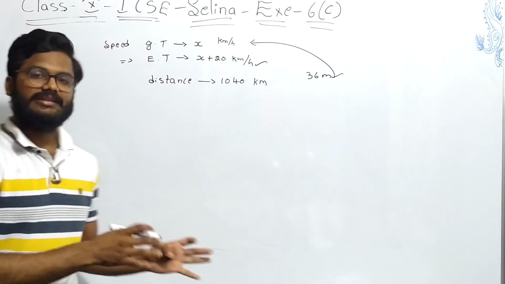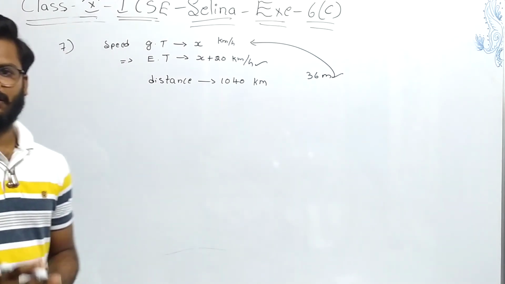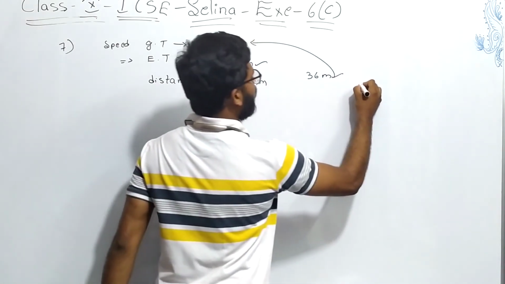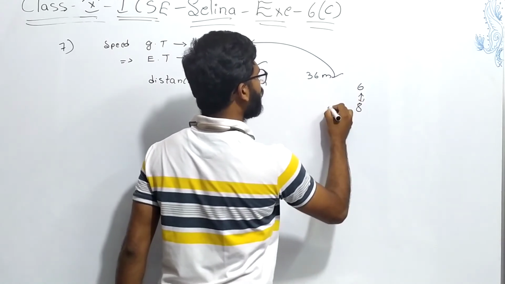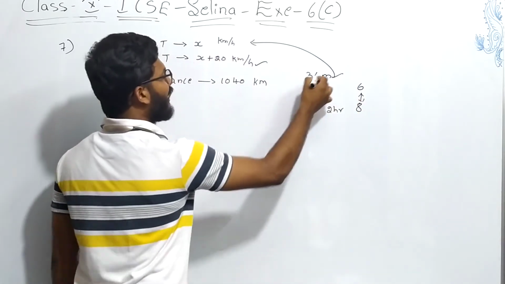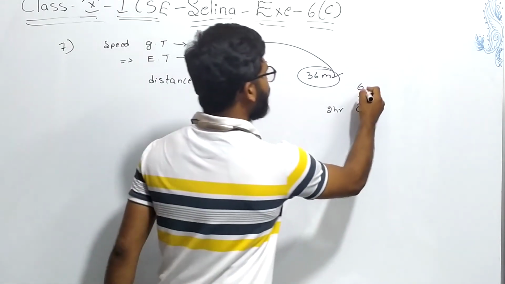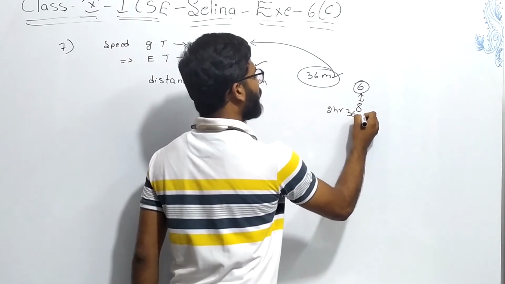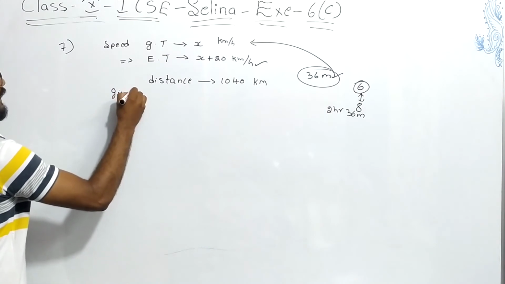So here they didn't give the difference between the times directly, so we have to find the difference between the time. This started at 6 and it started at 8, so the difference is 2 hours here, and again there is a 36 minutes difference, so again 2 hours 36 minutes is the difference.